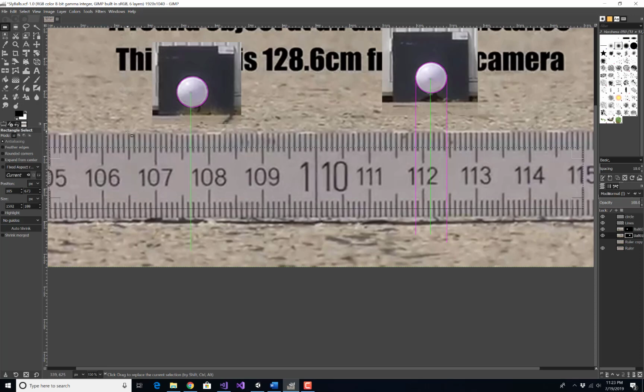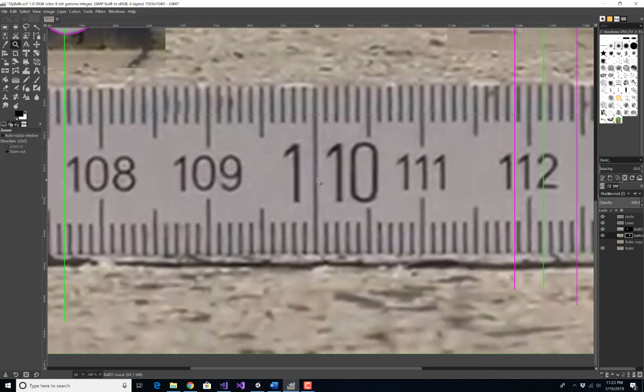How far apart are the greens? The green lines, let's do them next. We got, looks like, 714 pixels. I'm going to say 714 pixels.